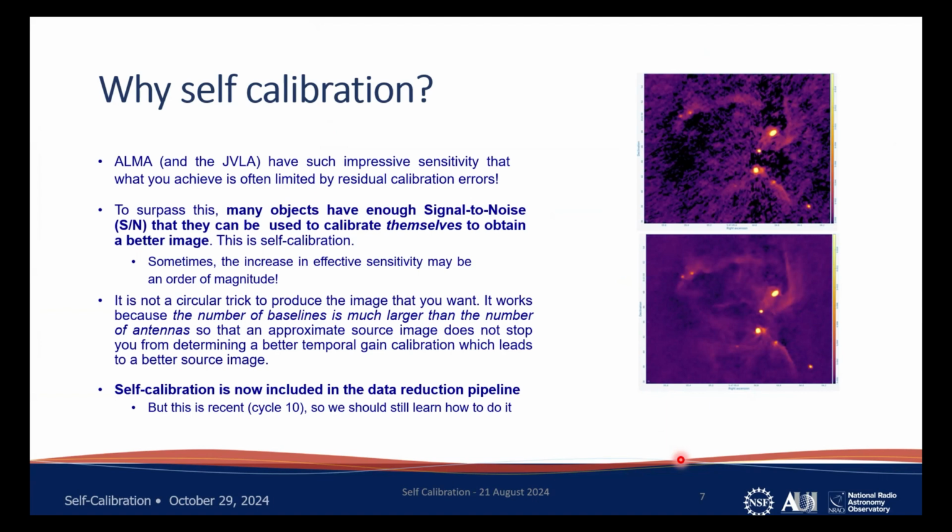The reason ALMA can do this is that it has a huge number of baselines, many more baselines than the number of antennas. So this is actually an over-constrained problem, because you have so many objects with enough signal to noise that can be used to calibrate themselves and get us a better image.